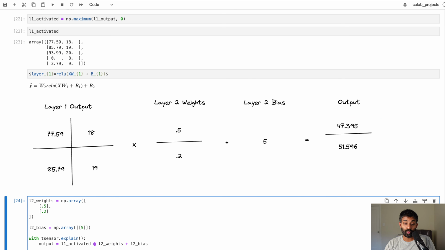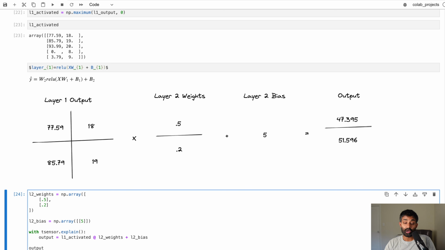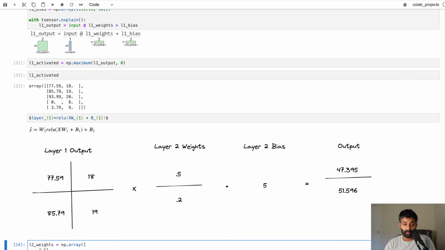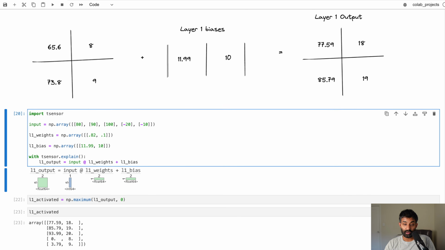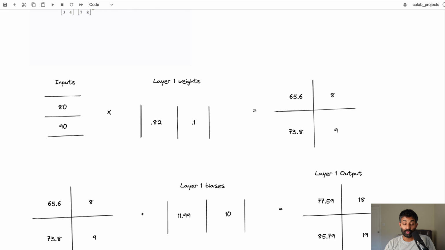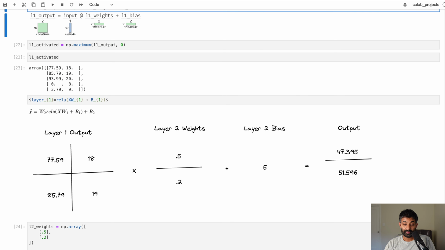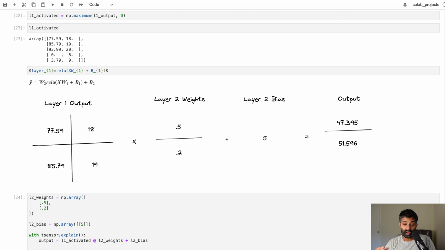And basically, if you want more units in your layer, you just add more columns to your weights, right? Because remember, we had 2 units in layer 1, which corresponded to 2 columns in our weights. And in our layer 2, we only had 1 unit, which corresponded to 1 column.